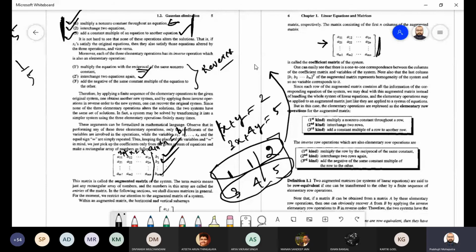That means we can interchange any two rows. We can multiply any scalar value with any row of the matrix. That is also possible because that is an equation operation. Row is nothing but an equation only.